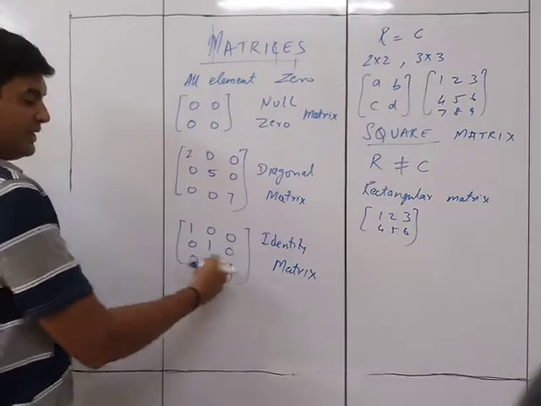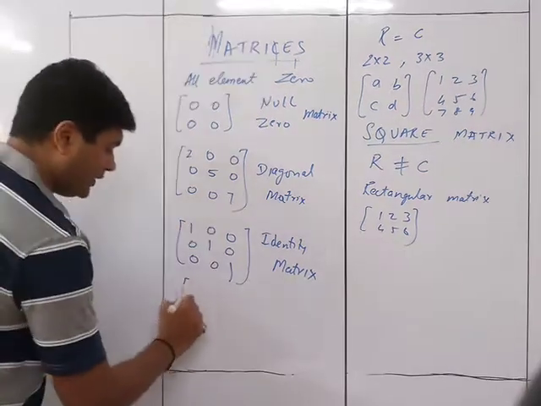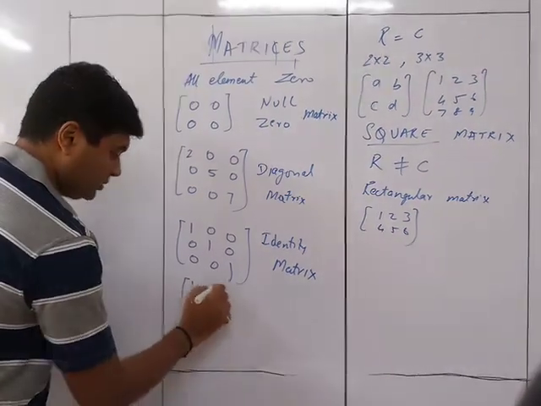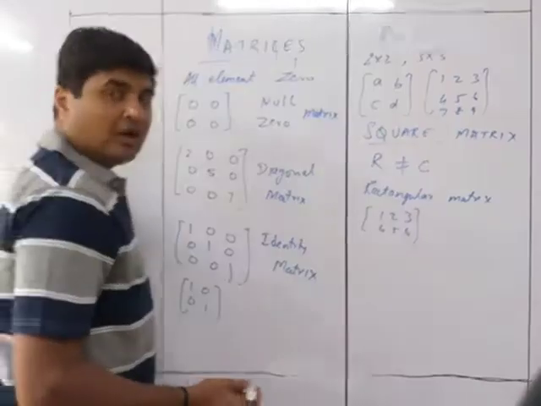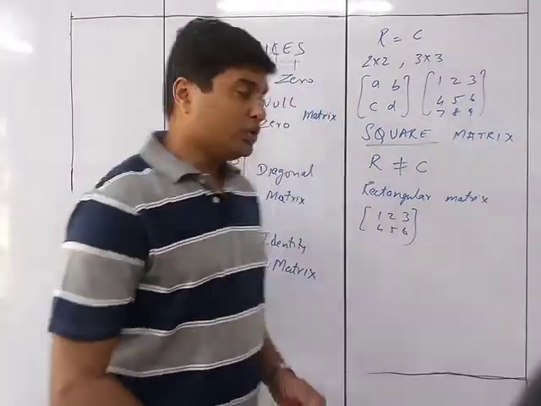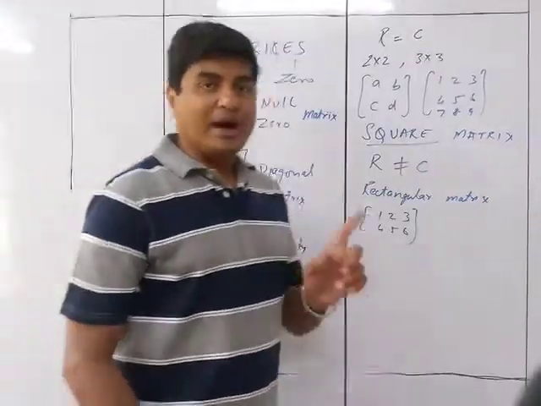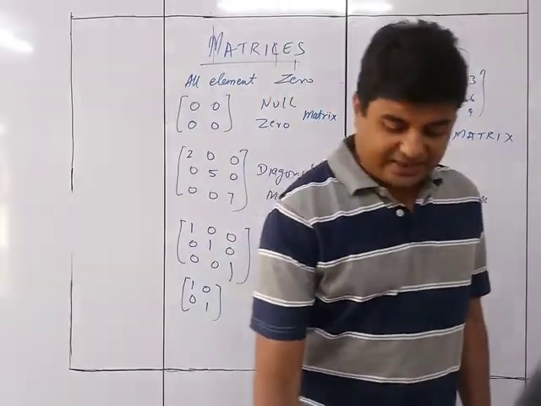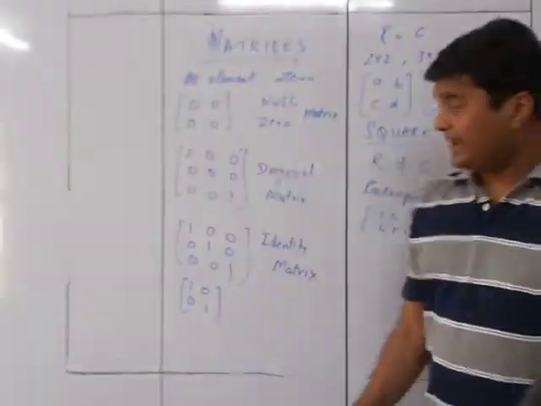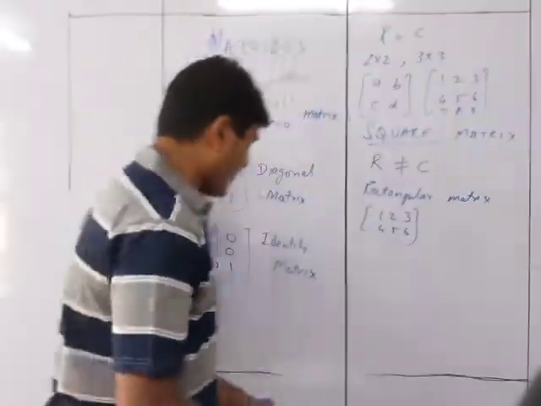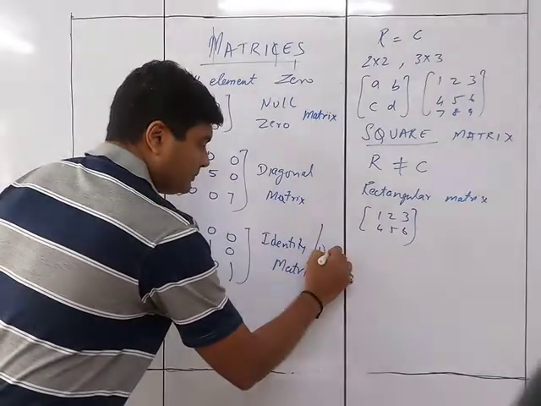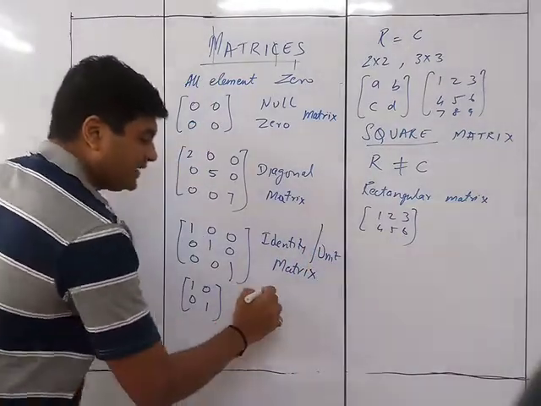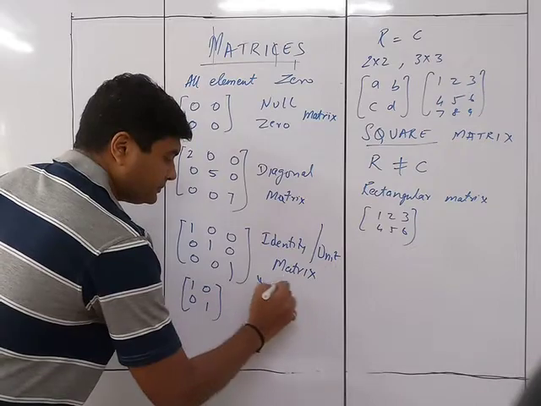So it could be a 3 by 3 matrix with diagonal 1, or it could be something like this also. So a square matrix whose diagonals are 1 each and all others are 0 is called a unit matrix or identity matrix. It is denoted by the letter I.